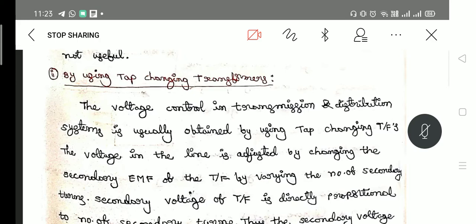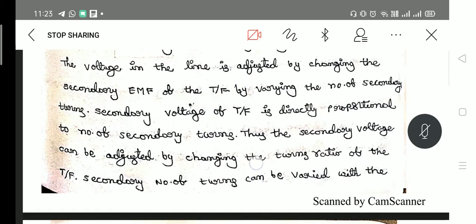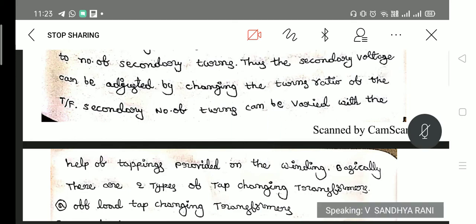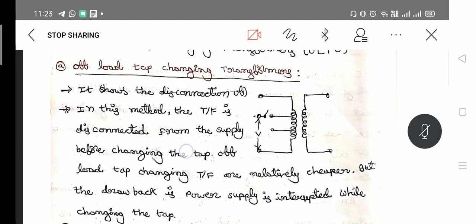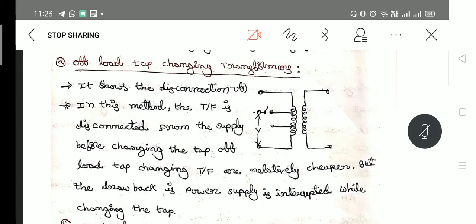In the tap changing transformer, we have two types: off load tap changing transformer and on load tap changing transformer.